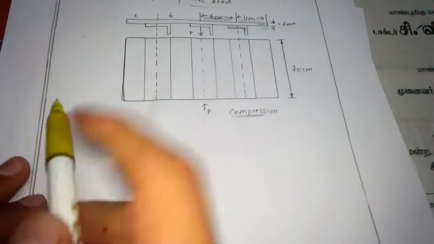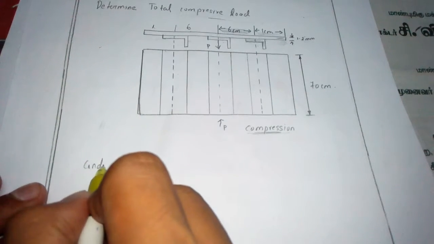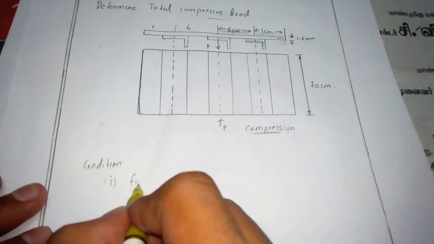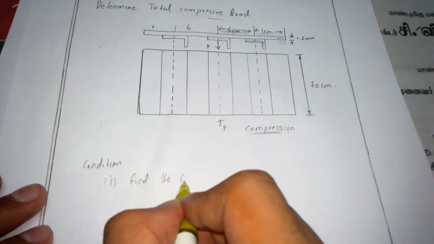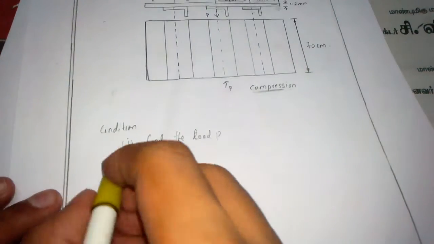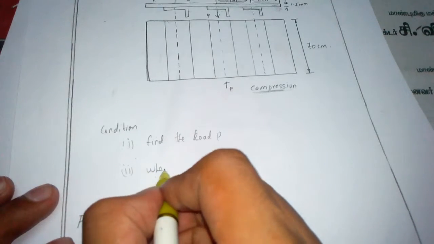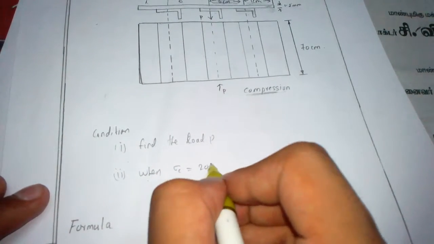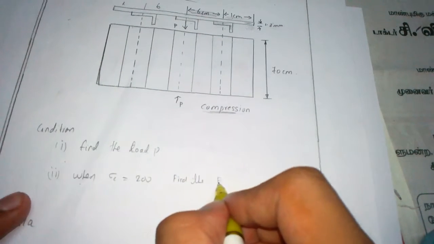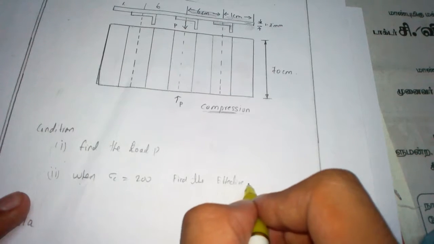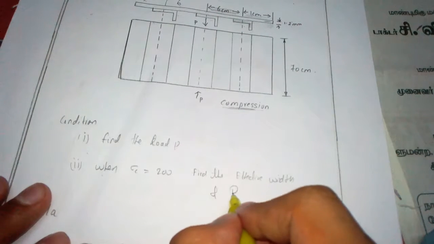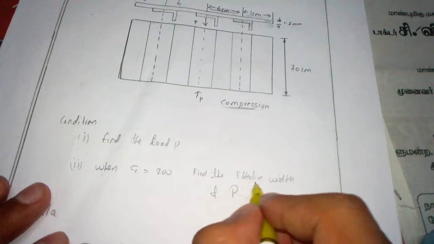Here in the question they gave 2 conditions. First, find the load P. Second, when sigma C is equal to 200, find the effective width and the load for that particular effective width.